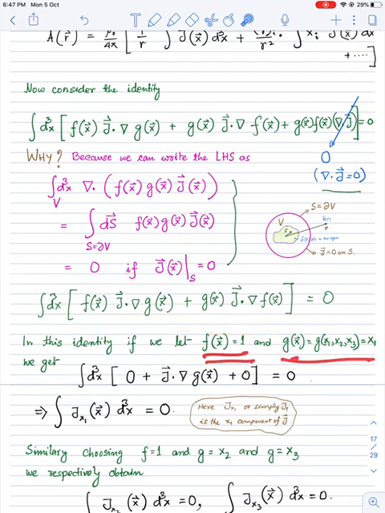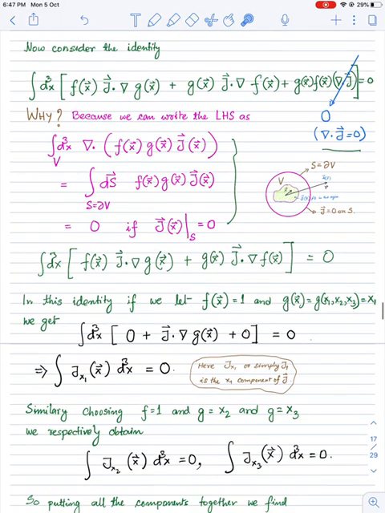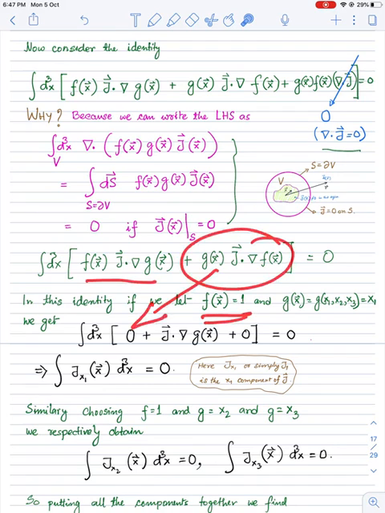If we take this identity and set f equal to 1 and g equal to x1, where x1, x2, x3 are the coordinates, then the term with f's gradient vanishes. Okay, this is the 0.